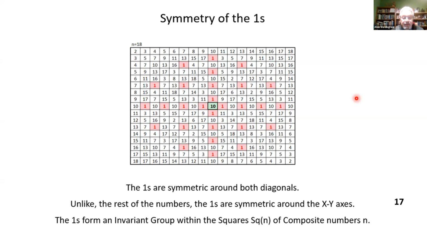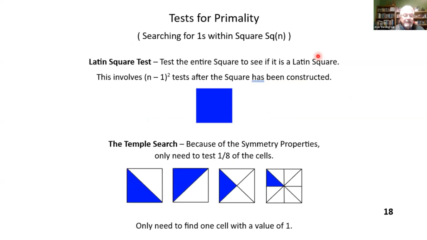And this gives us some interesting ways of testing for primality. We've already sort of discussed one, which is the Latin square test, where we actually would go through the array and test every single cell to see if it's a unique symbol or number for that row column.